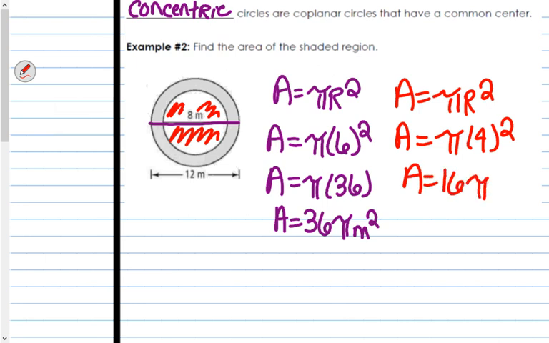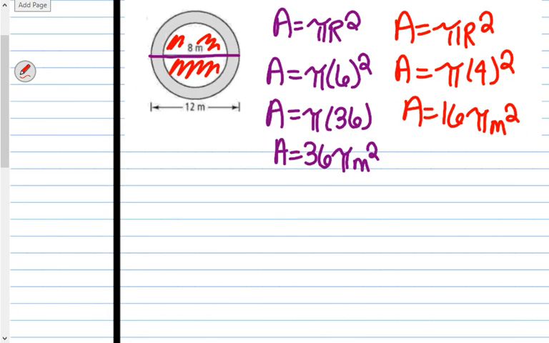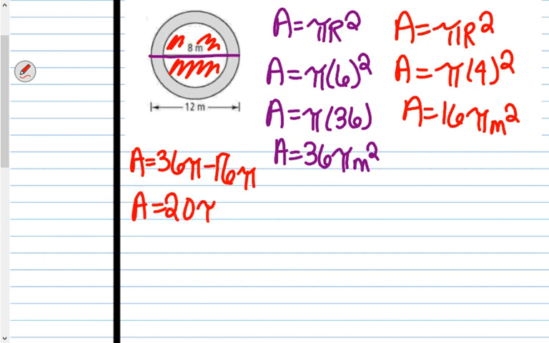So its area is 16 pi meters squared. So the larger circle is 36, the smaller one is 16. So my area is 36 pi minus 16 pi. My area is 20 pi meters squared.